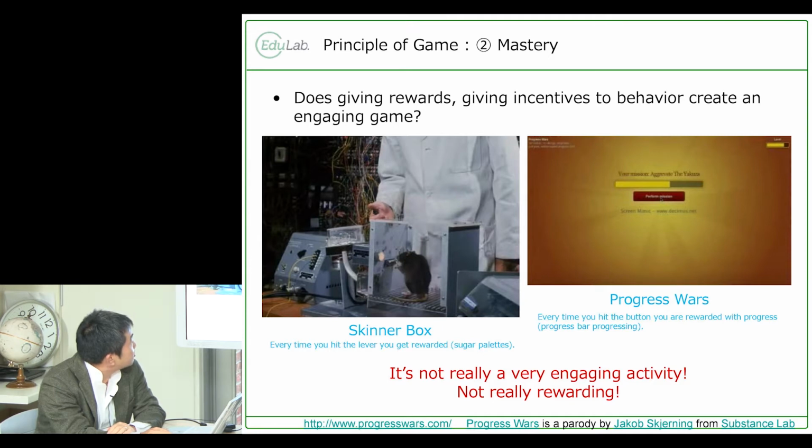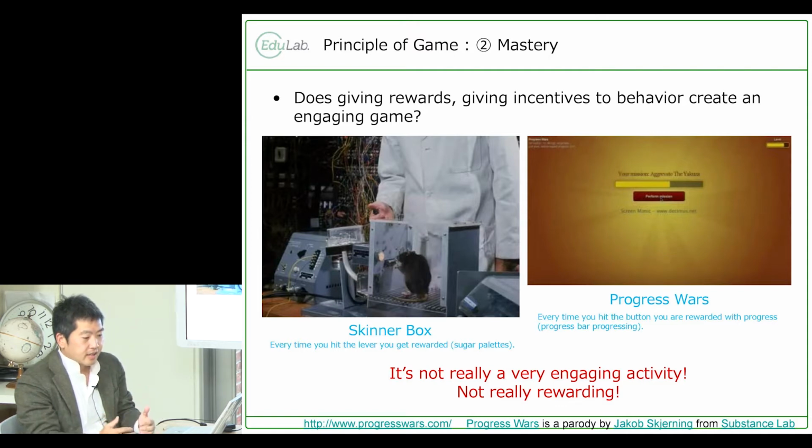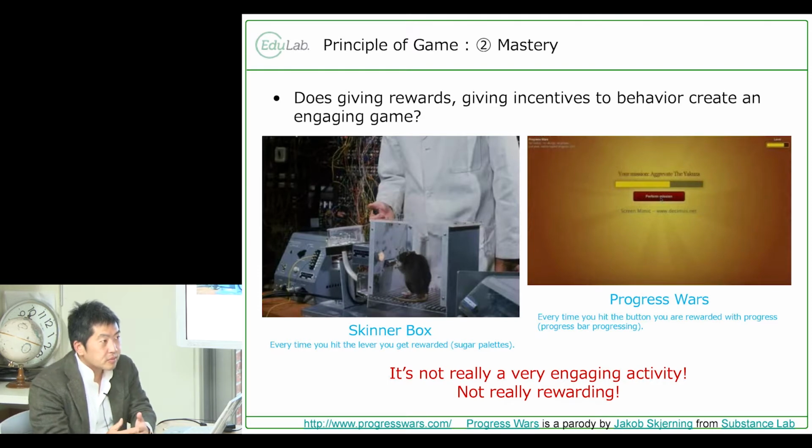And also, a second issue about mastery. Mastery is not just about giving rewards or badges. You know, there is a goal, there's feedback, and there's a reward. But it's not just earning rewards, because is just earning rewards engaging?